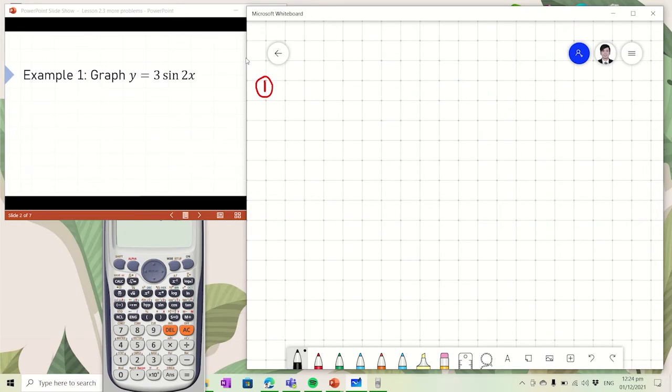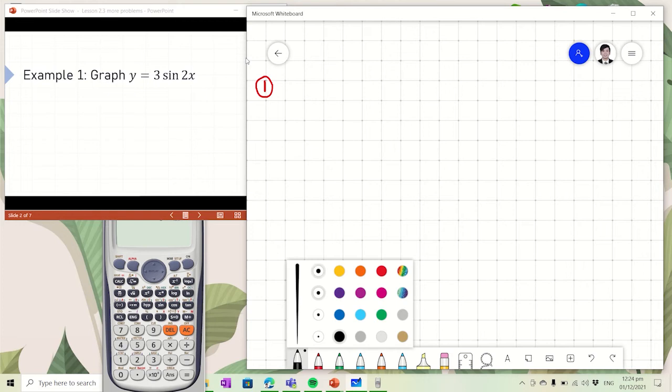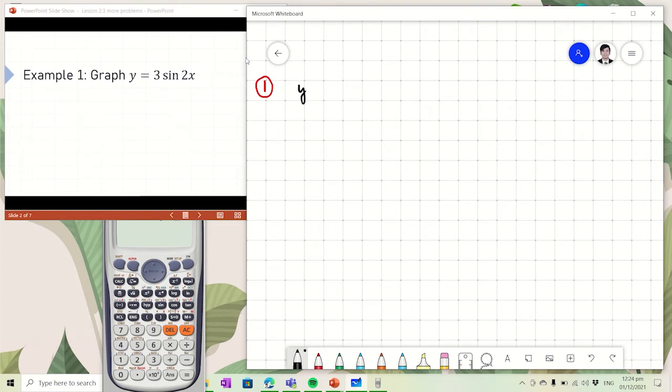Looking at our given, this is y is equal to 3 sine 2x. So this is in the form y is equal to a sine of bx. That means a is equal to 3 and b is equal to 2.